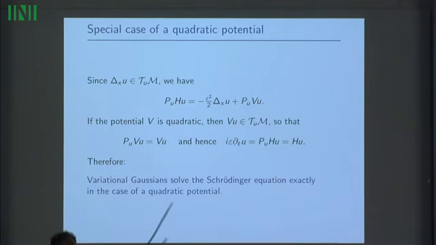And please also note the way we proved this. We didn't do any calculations except computing the tangent space. We know that the tangent space consists of quadratic functions times the Gaussian. And so we have the remarkable property, which is at the basis of all the further development, that variational Gaussians solve the Schrödinger equation exactly in the case of a quadratic potential.